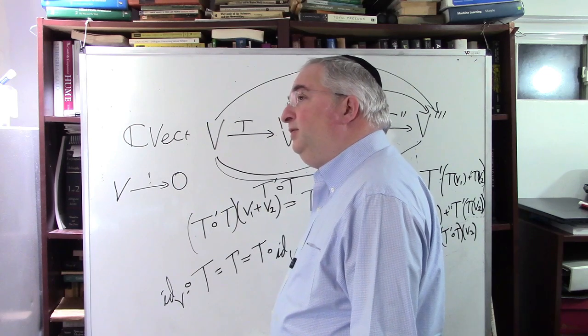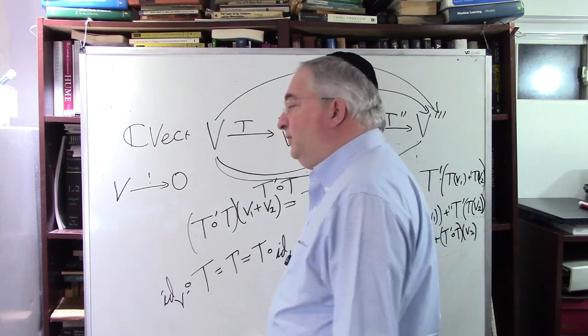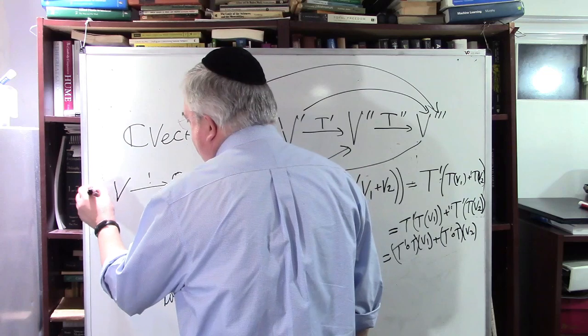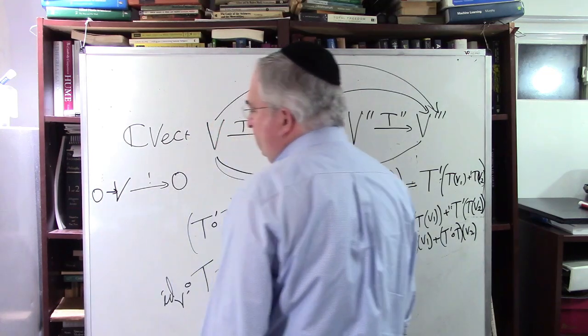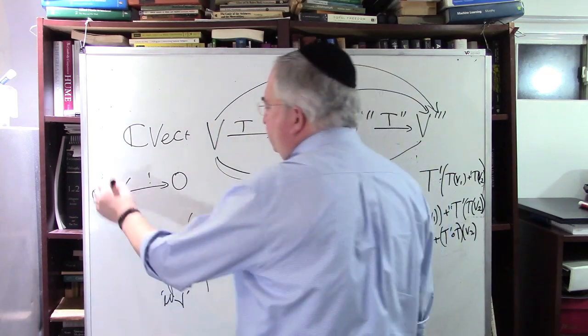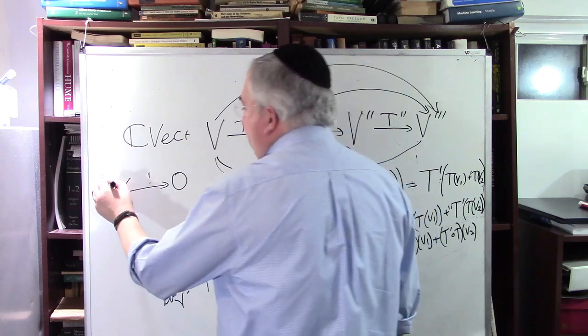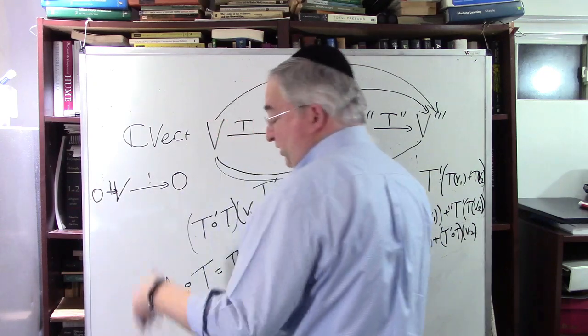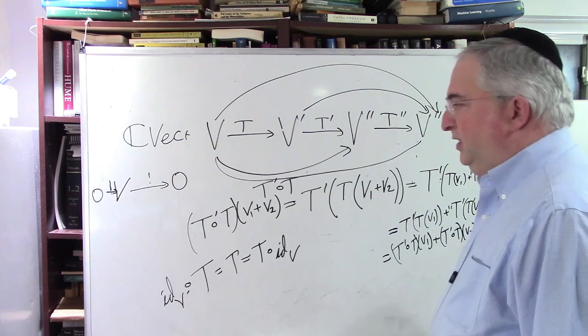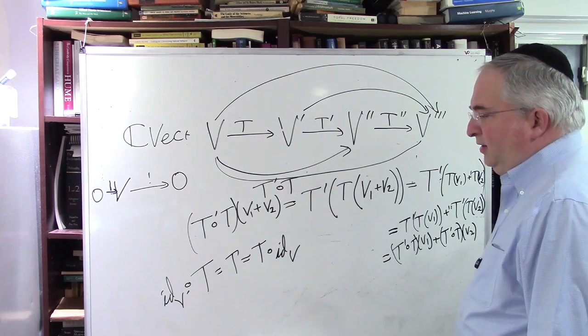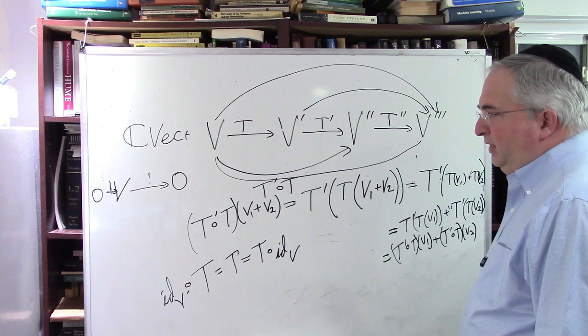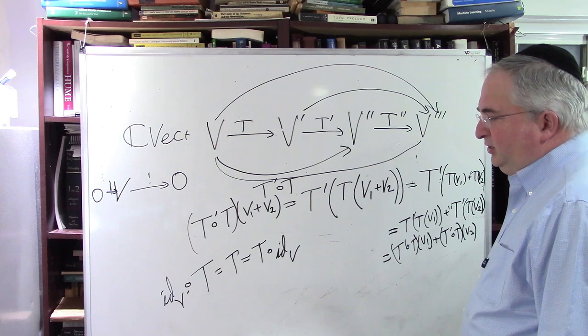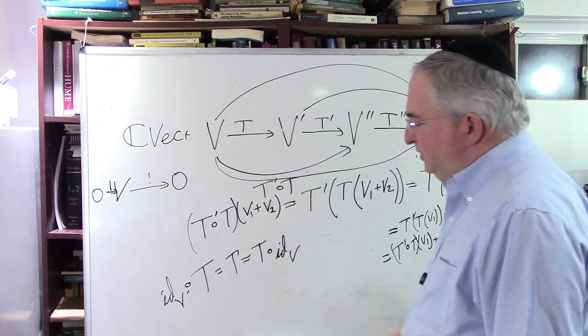Is there an initial object? I'm sorry, maybe 0 is an initial object. Yeah, 0 can only go to 0. So yes, there's an initial object. So 0 is not only the terminal object, it's the initial object. It's an initial and terminal object, so it's a 0 object.